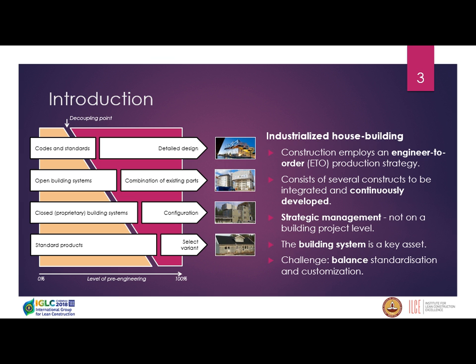And that means that there are some predefinitions, but there are still some degrees of freedom for the client to design and create their products. However, if you're in traditional construction, you're moving to the top, where you basically just have to adhere to codes and regulations, and then you are free to design whatever product that you like.